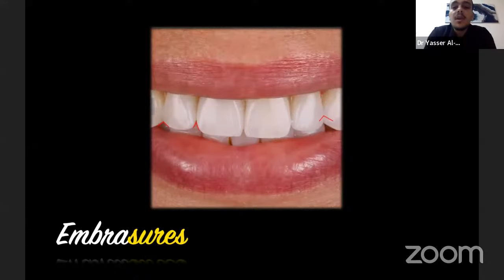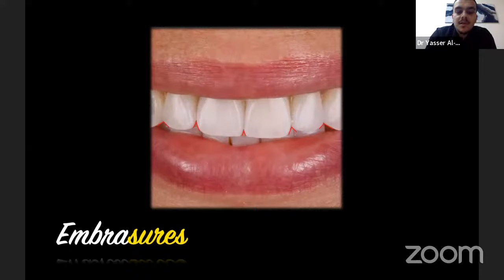Embrasures, which means the divergence between the incisal edges of the teeth. To make the patient look younger, you should make the embrasures wide.